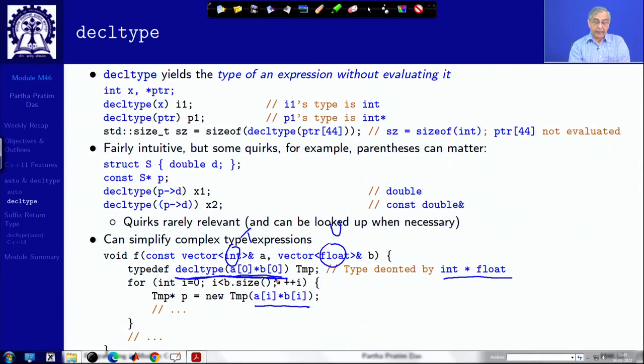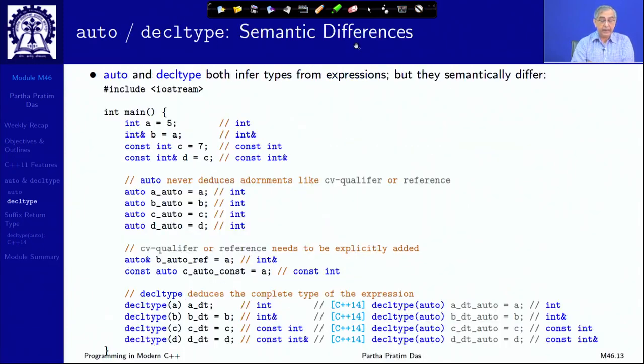Mind you, we are not again doing any evaluation. The difference with auto is, auto needs a specific variable for which it is finding the type, but here you are just taking the expression and finding a type without associating it with any other variable, and that comes pretty handy in terms of doing the expression.